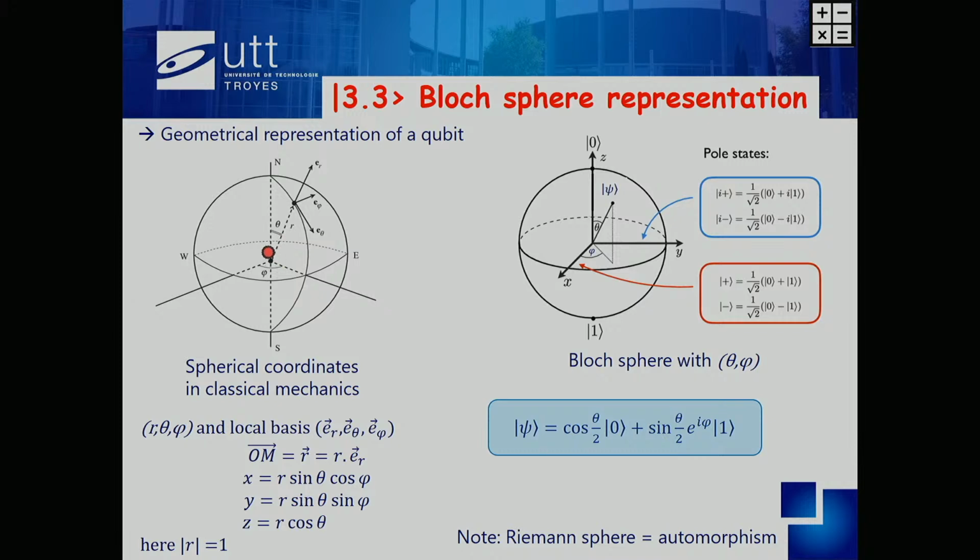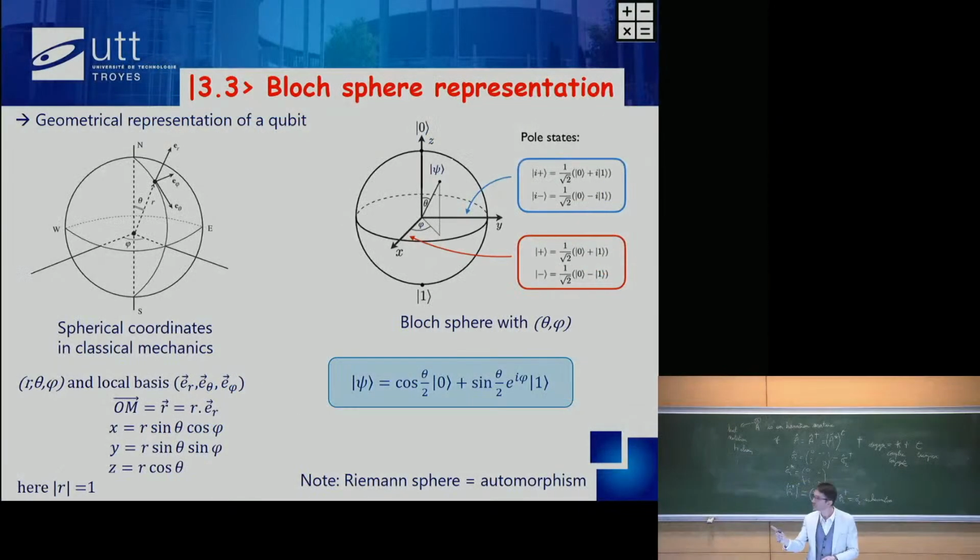So r is basically the length of the distance to the center. So if M is our point, then r is the distance OM. And it's basically the radius of our sphere. So if I start from here, I go at the r distance, and I don't go further or closer.